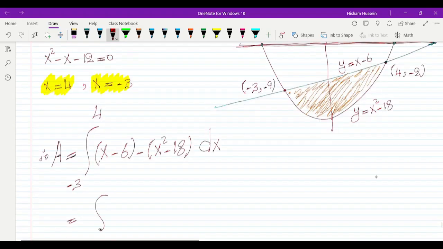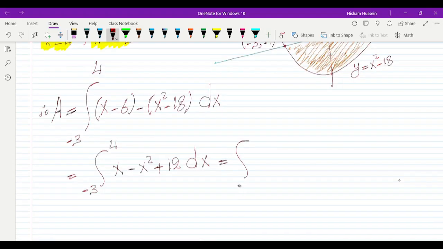Simplify the integrand. It's the integral from negative 3 to 4 of x minus x squared, negative 6 plus 18 is plus 12, dx. The integration of x is x squared divided by 2, minus the integration of x squared, which is x to the power 3 divided by 3, plus 12x, with the limits from negative 3 to 4.